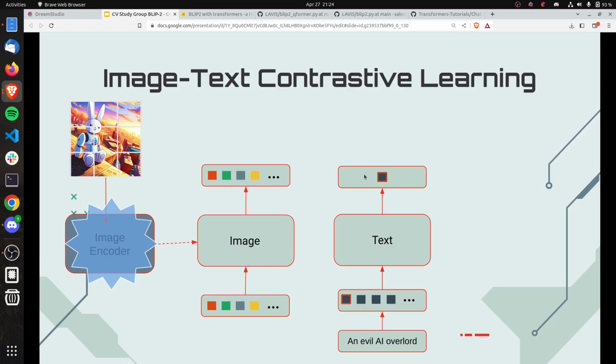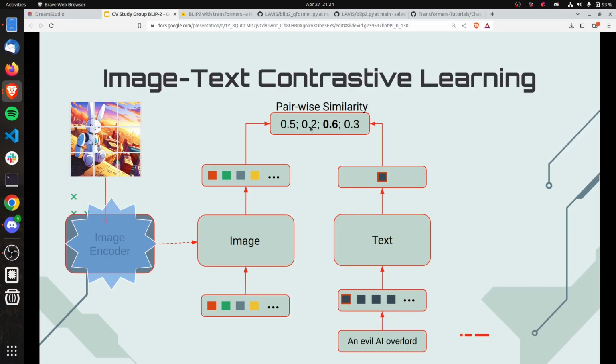What they do now is a pairwise similarity, right? They take the class token and compare it to each of these learned query tokens, and then they get some similarity score from it. Yeah, and they just put it into an array basically, and they're looking at what's the maximum that we get for this similarity. And then the maximum is just what they assign to the image. So for example, here we've got this image and the text an evil AI overlord.